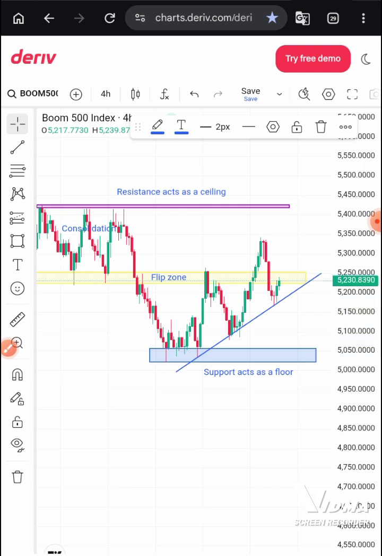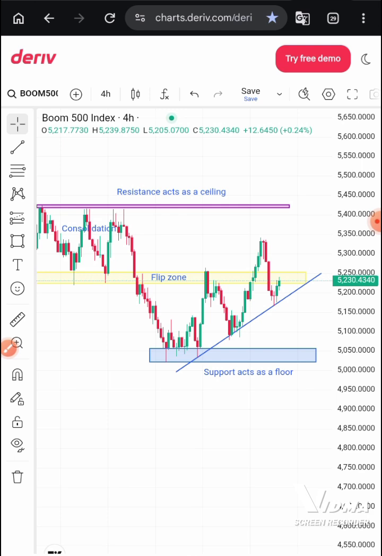Okay, so this trend line here, because remember now we are going to start to marry the things that we've been learning. Remember, we learned on higher highs and higher lows, right? So currently the side that we are seeing, what are we seeing right now?